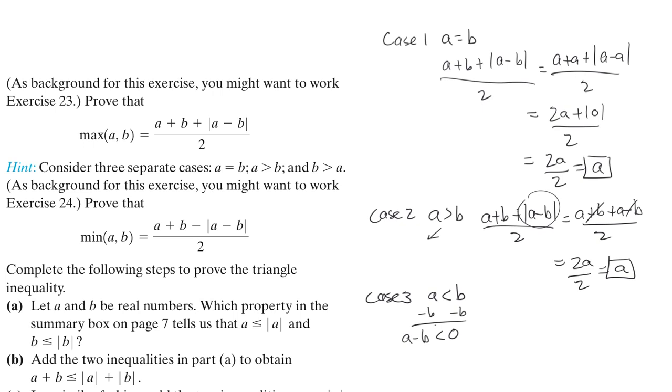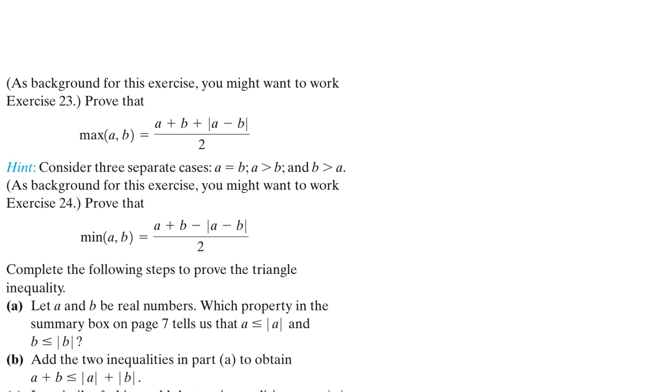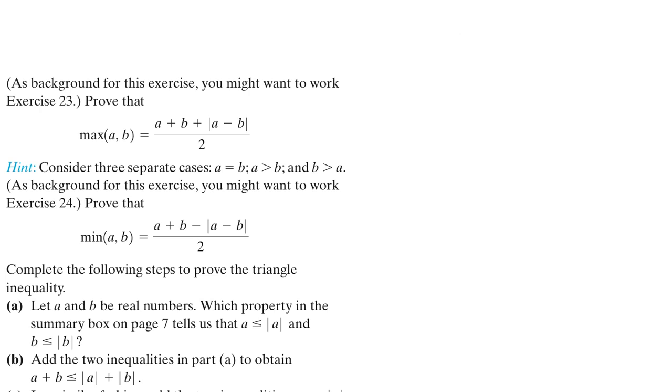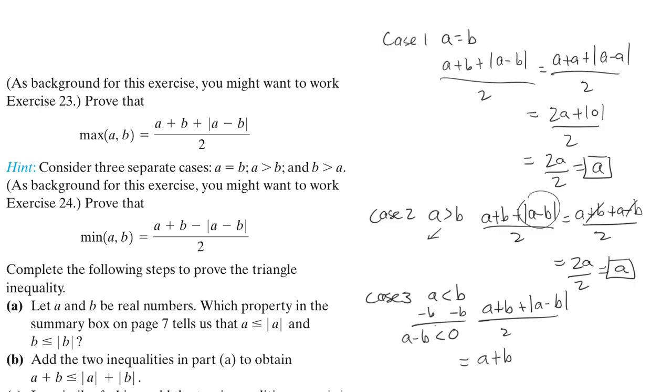So we would have a plus b plus the absolute value of a minus b, over 2. Since this is less than 0, the absolute value is going to be the opposite of all this. So plus the opposite of a minus b, all over 2.